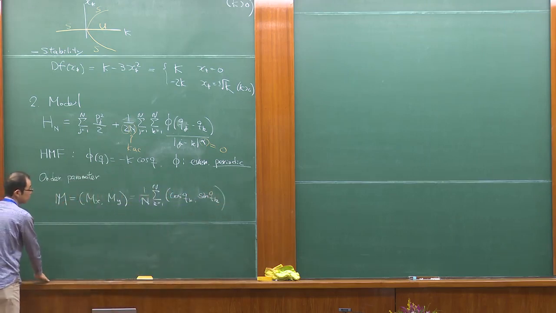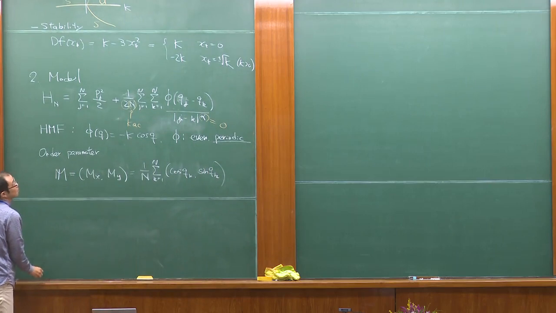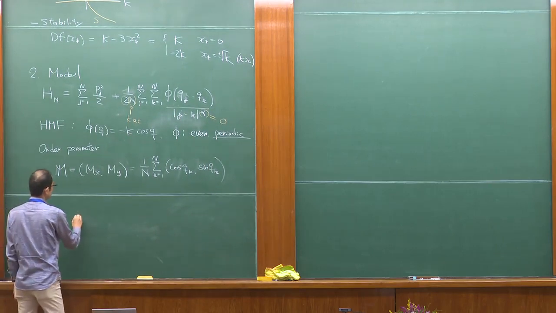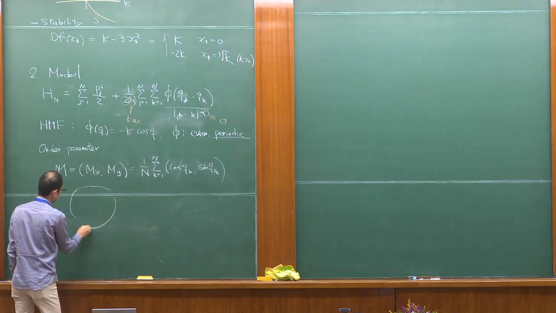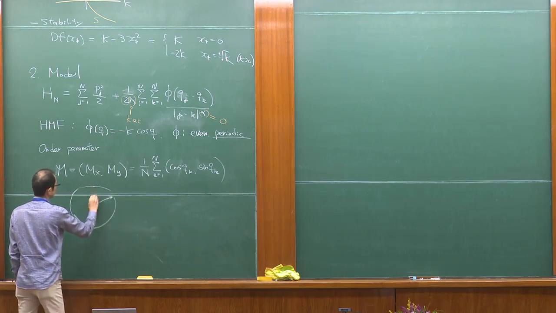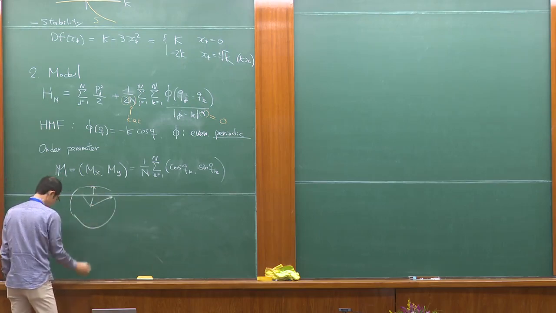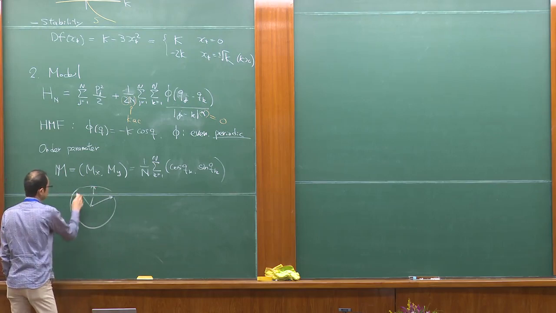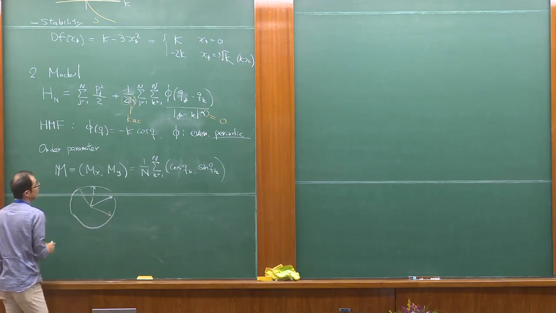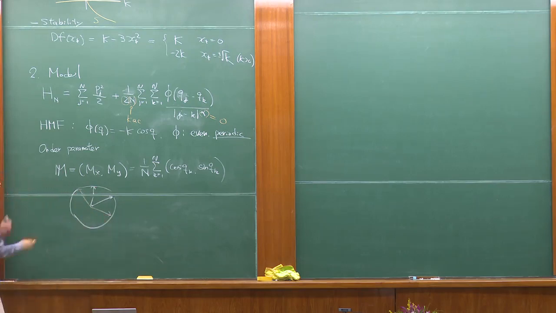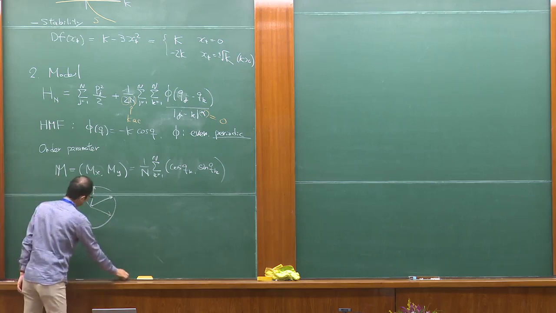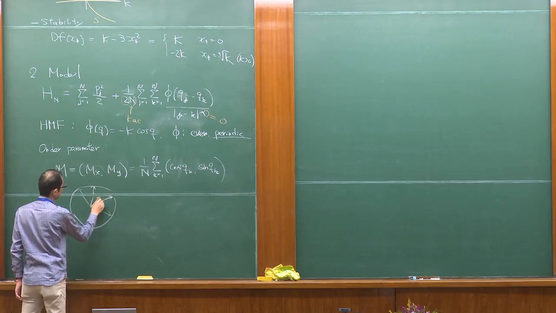so what is this? So now the N particles are confined on the unit circle like this. And then this m vector is the average vector. So this m vector is more or less something like this.